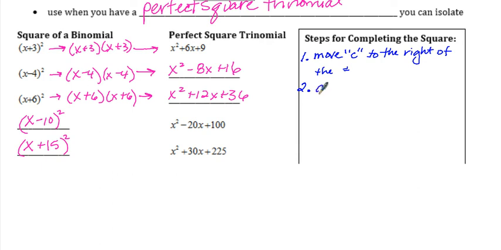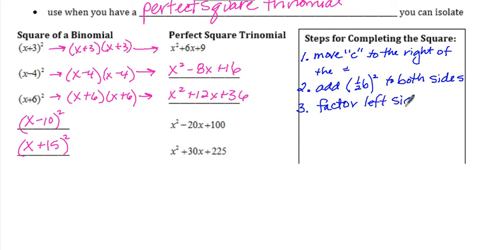Step 2, add 1/2 of b squared to both sides. Step 3, factor the left side. That factoring will basically be turning something that looks like this into something that looks like this. Go from here to here.